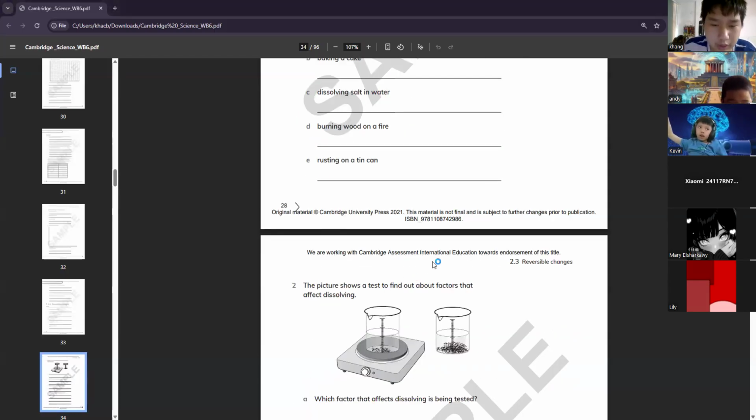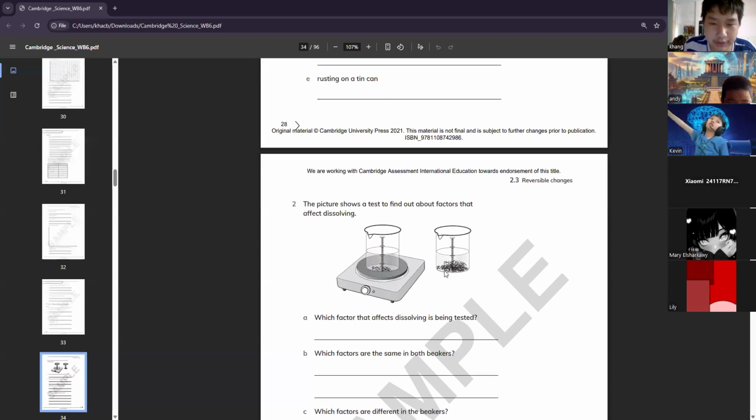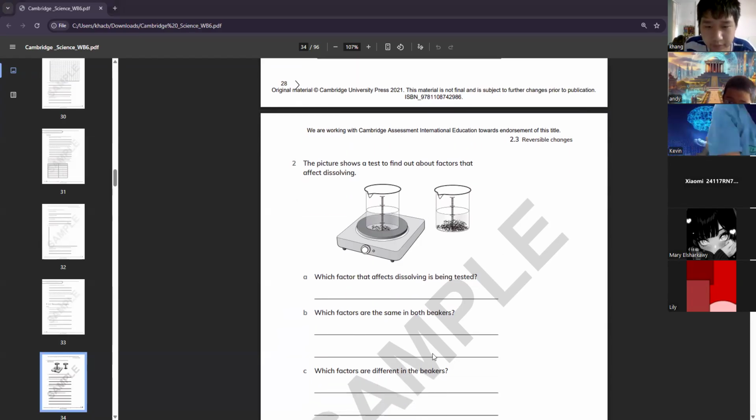All right. So now, this picture shows a test to find out about factors that affect dissolving. What factor are we testing here? Anyone? Salt, sugar. Well, can somebody try, please?